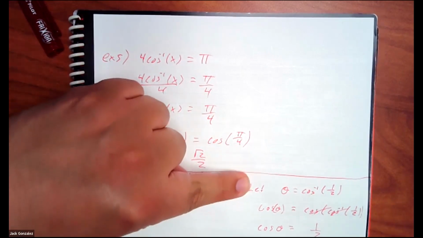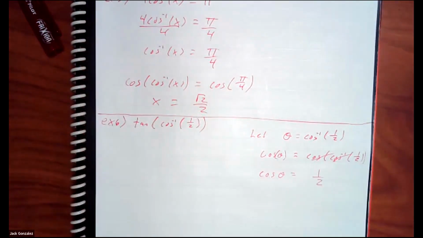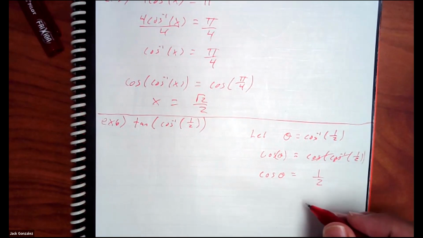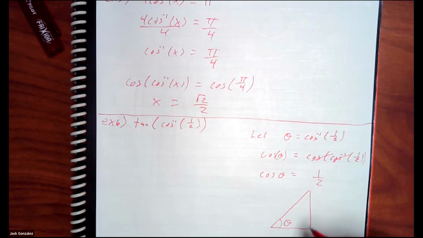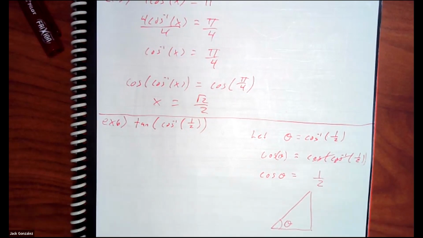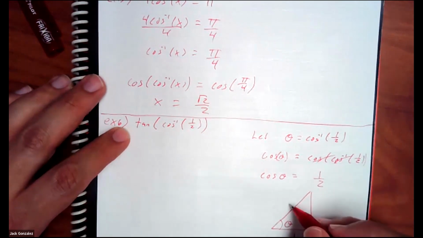Or you can go from here straight to there because that is the definition of inverse cosine. So now I just build your triangle. So we got adjacent. My cosine is adjacent over hypotenuse.